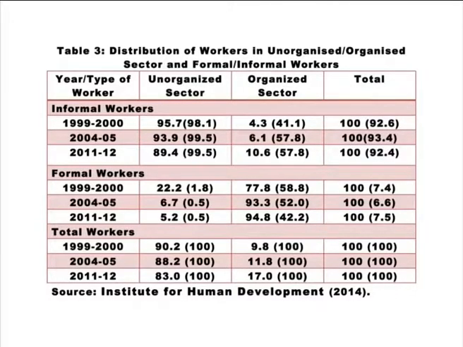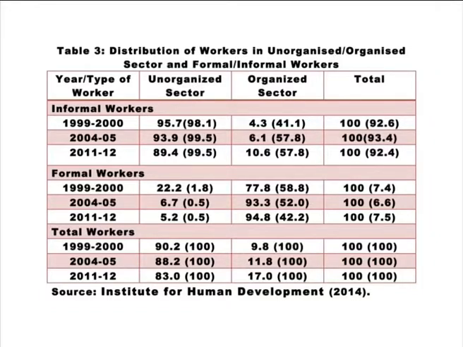We can see the distribution of total workers in India by sector of activity and type of worker in this table. The table shows that out of total workers during 2011-12, 83% were working in the unorganized sector, while 17% were employed in the organized sector.